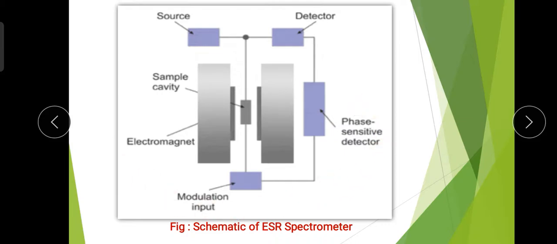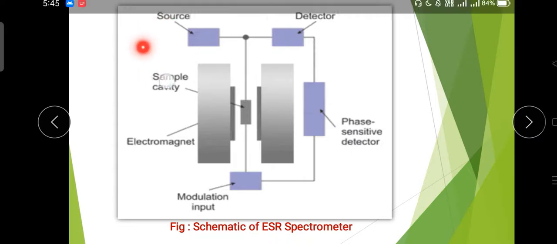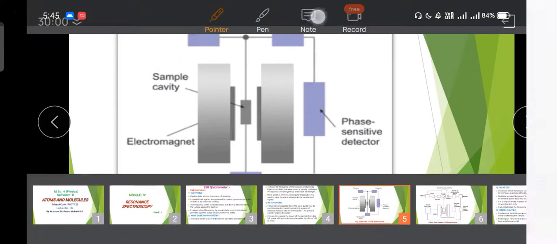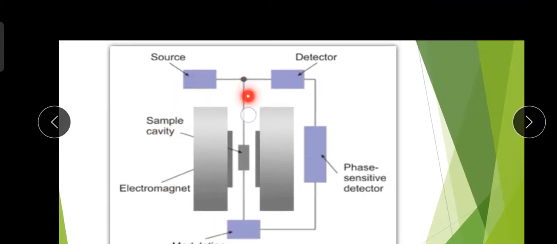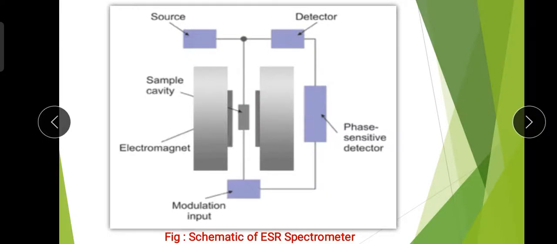Now after that, this is the schematic of the ESR spectrometer. It consists of different components such as a source. After that there is a detector, and then these two are the electromagnet, and in between them there is a cavity, and in that cavity there is a sample cavity, in which we can place a sample or material which we have to investigate.